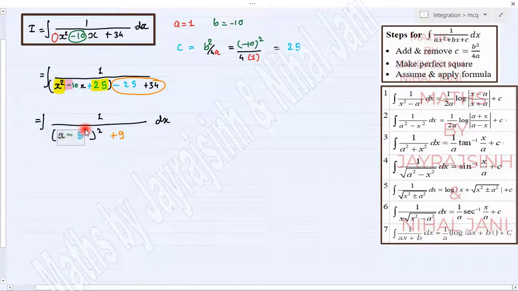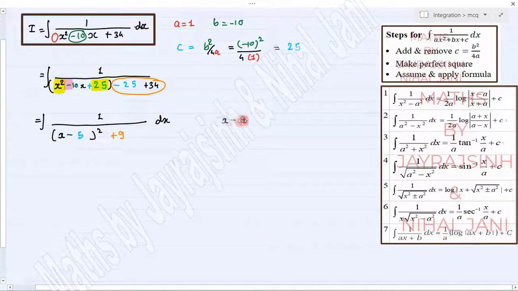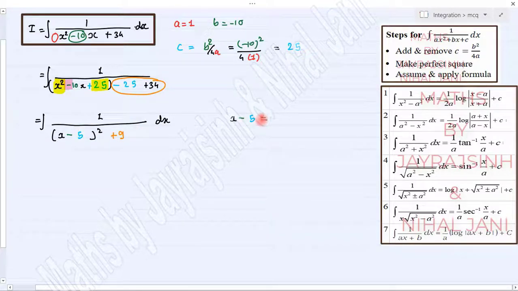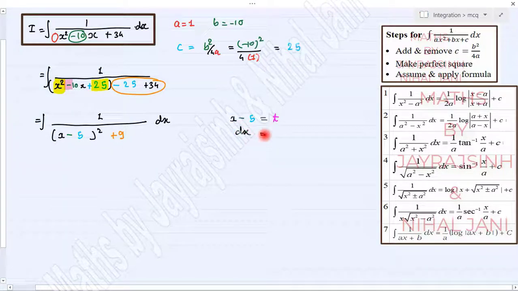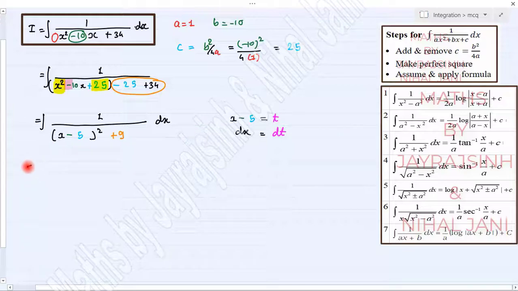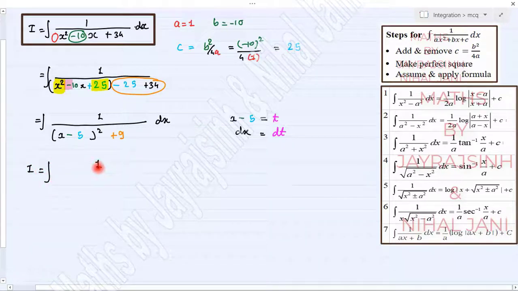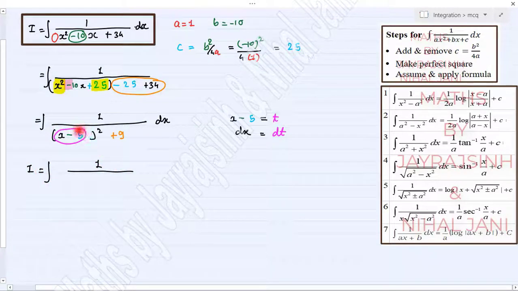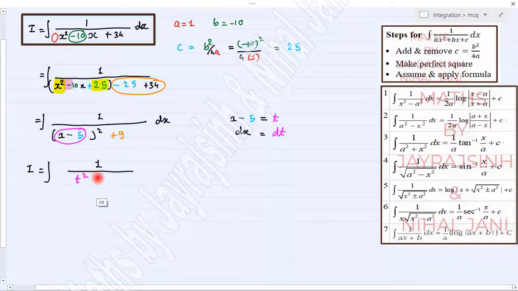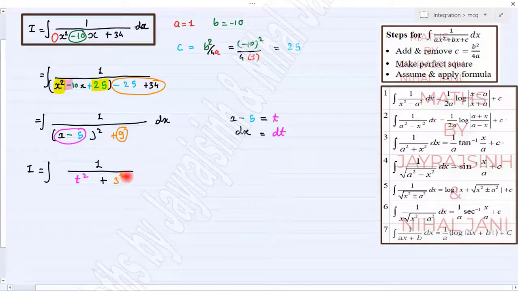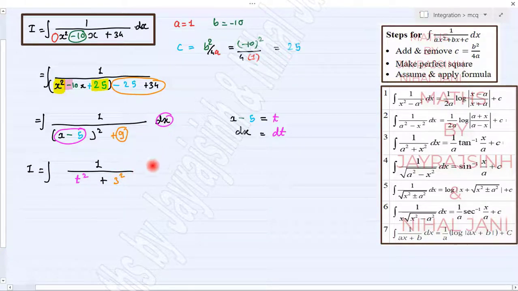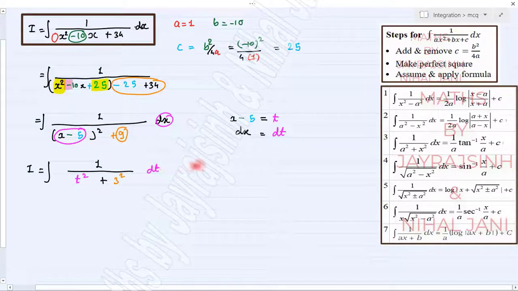Now, to convert into standard form, we have to assume x minus 5 is equal to t. So we can get dx is equal to dt. So your integration is converted into this: x minus 5 becomes t, so it will be t square plus we have 9 which is actually 3 square and dx will become dt.